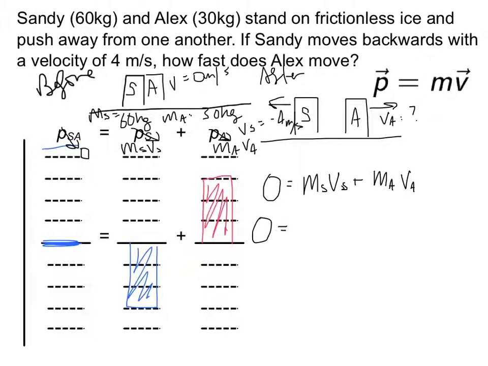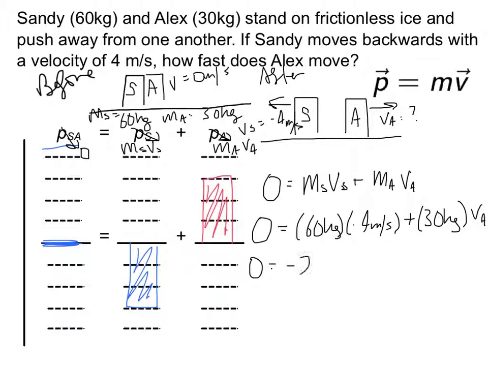0 is equal to 60 kilograms times negative 4 meters per second plus 30 kilograms times Alex's velocity. 0 is equal to negative 240 plus 30 times the velocity of Alex.